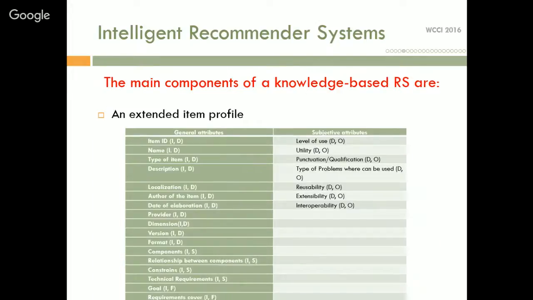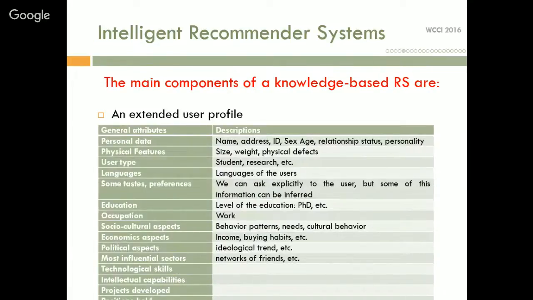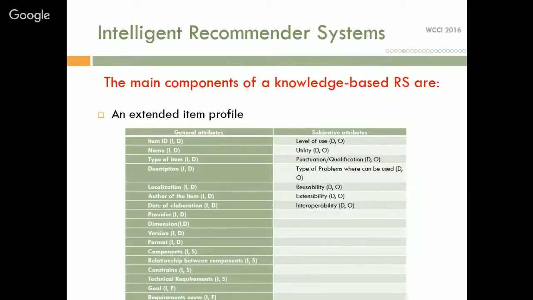We describe the item profile very well. Here we have the different attributes of the user profile. For example, the language, the education, the occupation are some of the attributes that we need to define. At the level of the item, we need to define the name, the description, the version, that means different concepts to describe one item, one product.